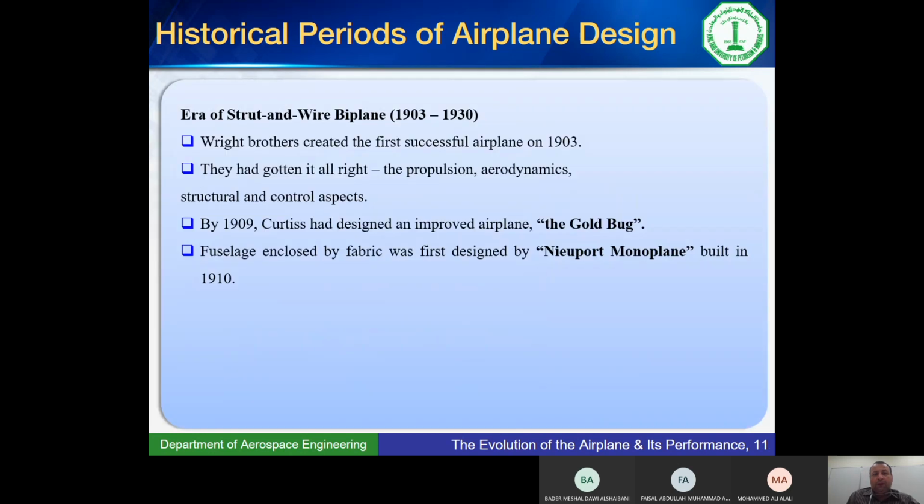So what happened after the Wright brothers flew their aircraft is that people started to think, okay, let's design a structure that's strong enough to carry the engine, strong enough to host the controls. So they came up with what's called the biplane. A biplane is basically a twin wing plane, one on top of the other.